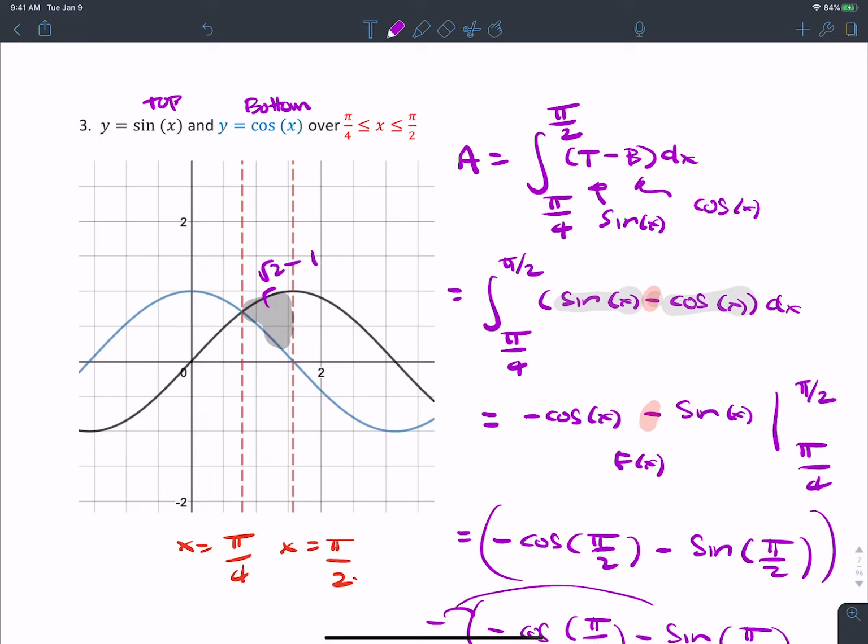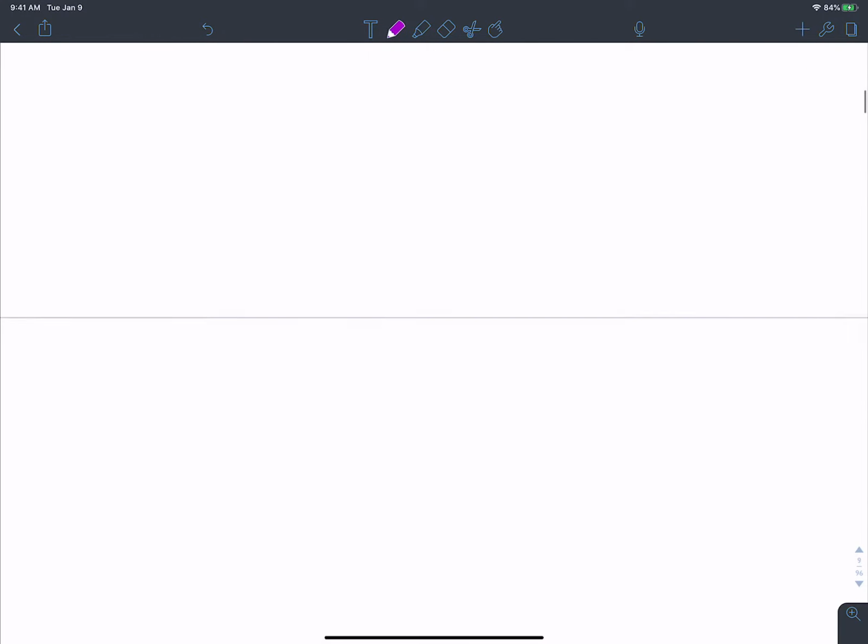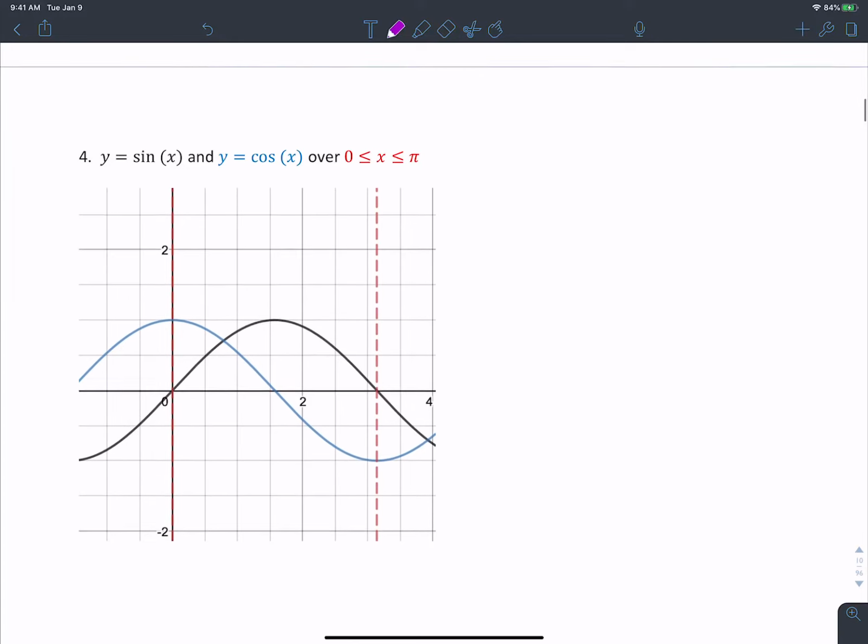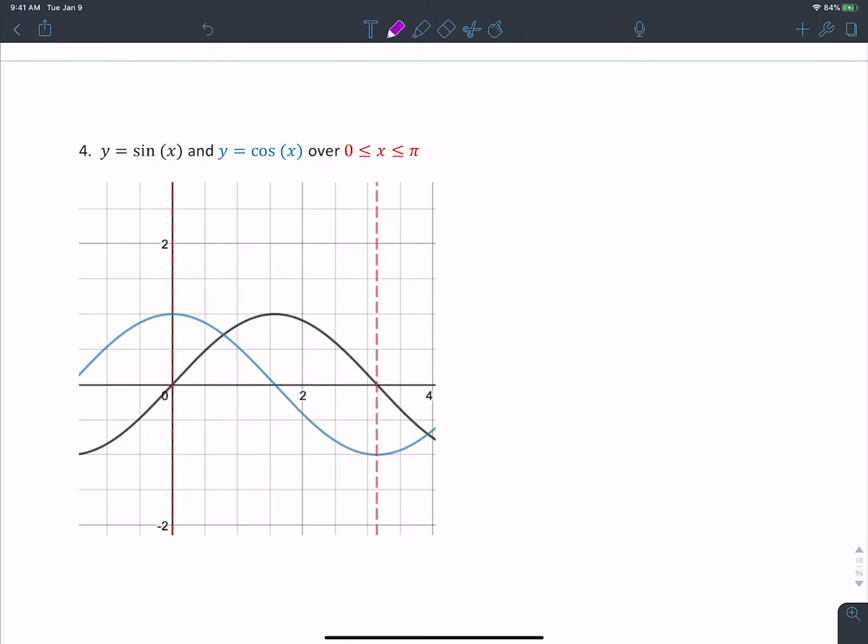It's a very small area. Okay. So that's how we handle 1, 2, and 3.